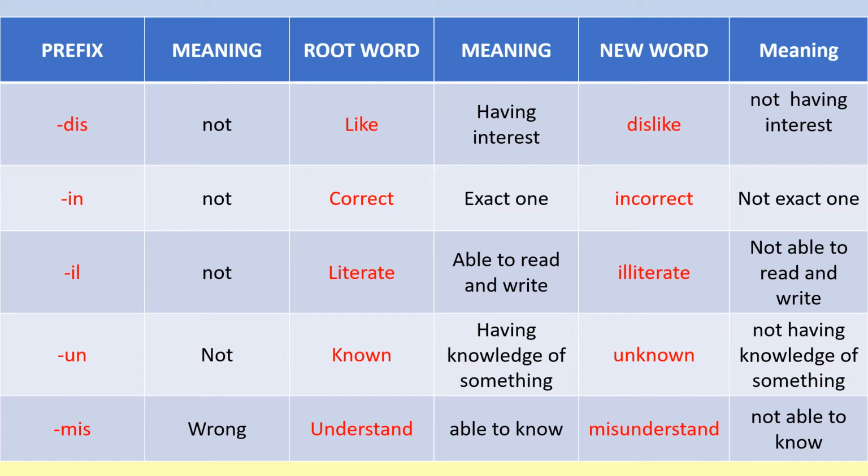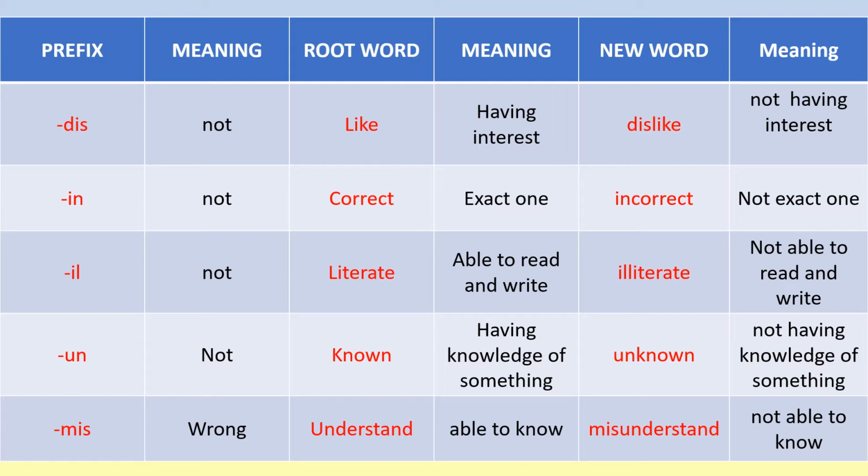Next, in. Here according to the prefix, in means not. The root word correct, and its meaning is exact one. After adding prefix and root word, here is the new word incorrect.